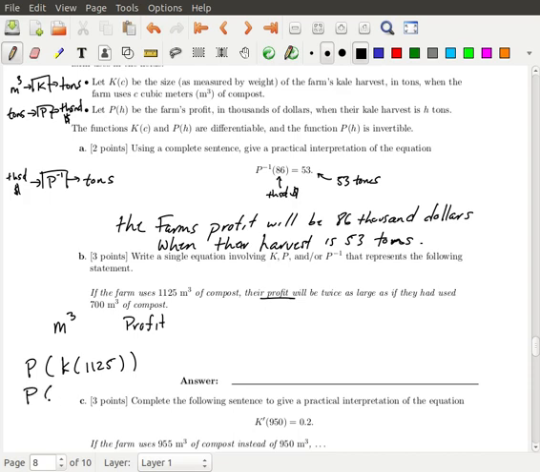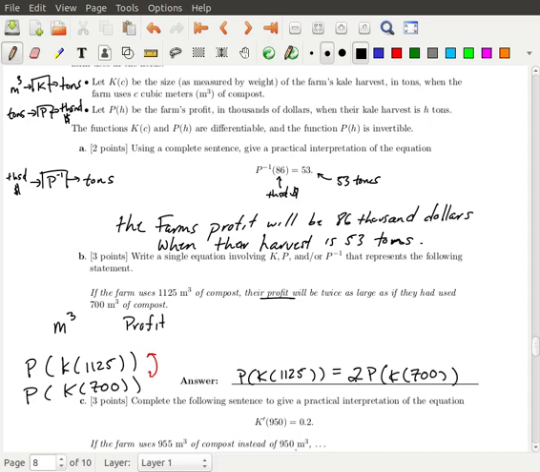And then this other expression, P of K of 700, will tell us the profit when we use 700 cubic meters. And the idea is that this sentence compares these two numbers. It says that P of K of 1125, that profit, will equal twice as large, double what they get when they use 700.